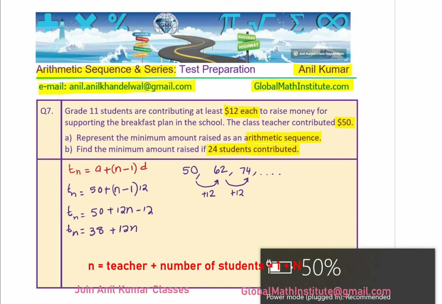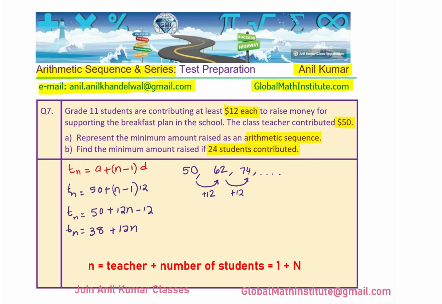Strictly speaking, here, what is d? d is the common difference, the contribution by each student. Let's rewrite what we have here.